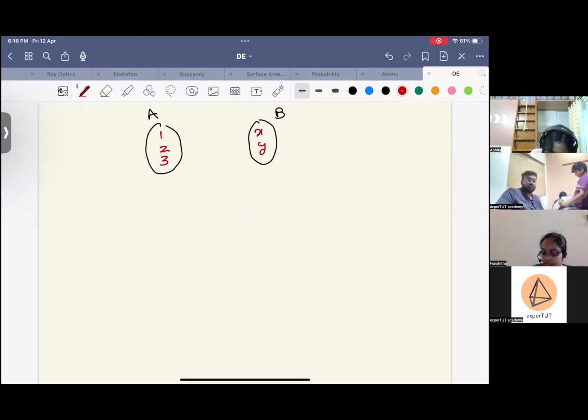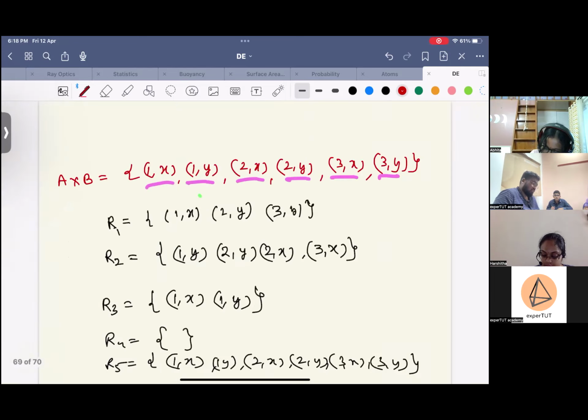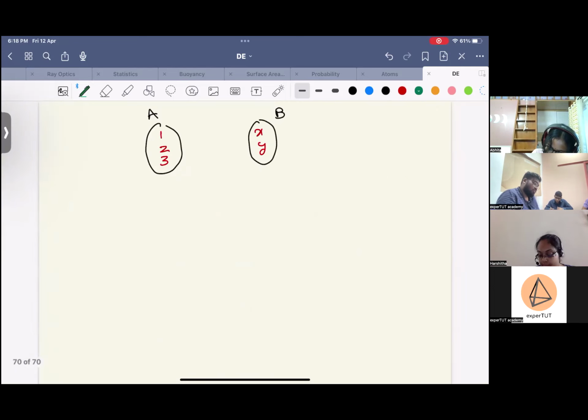And then what you do is, let's go and check R1. R1 is 1x, 2y, and 3y. If you join arrows, arrows will always go from left to right, right?